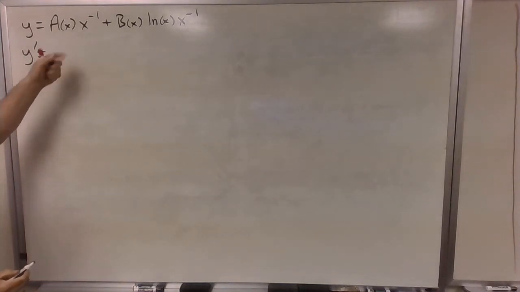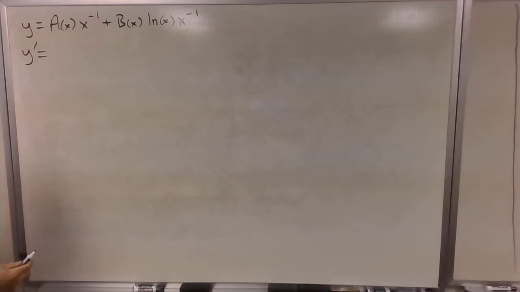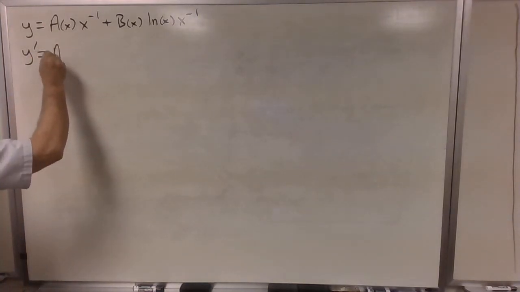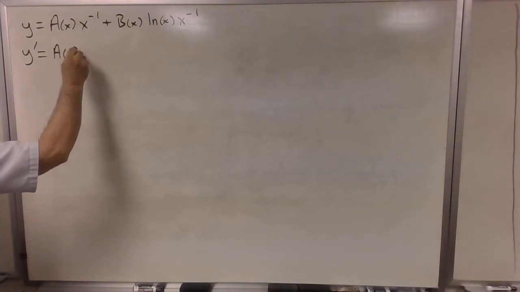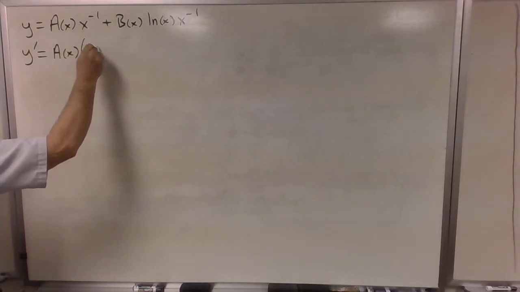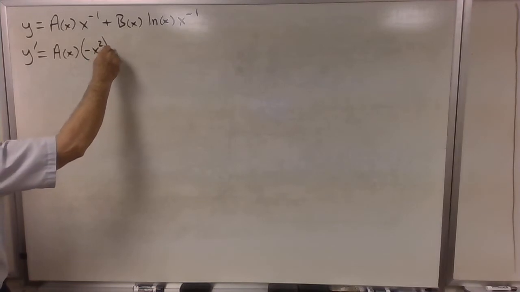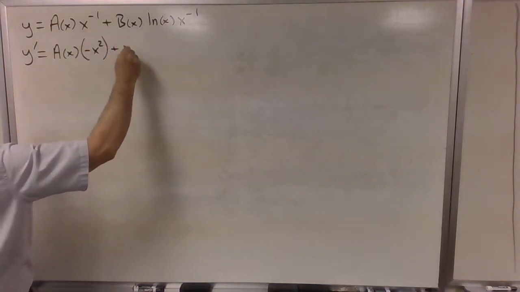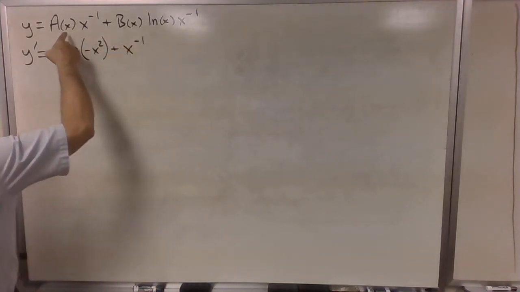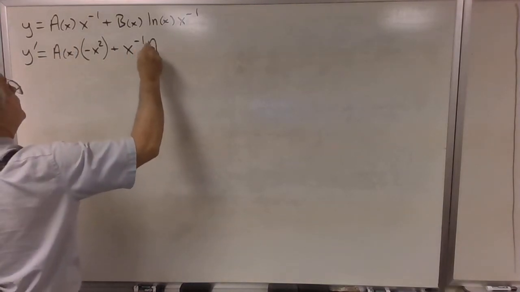And we have a product here, so we use the product rule. First times derivative of the second, plus second times derivative of the first.